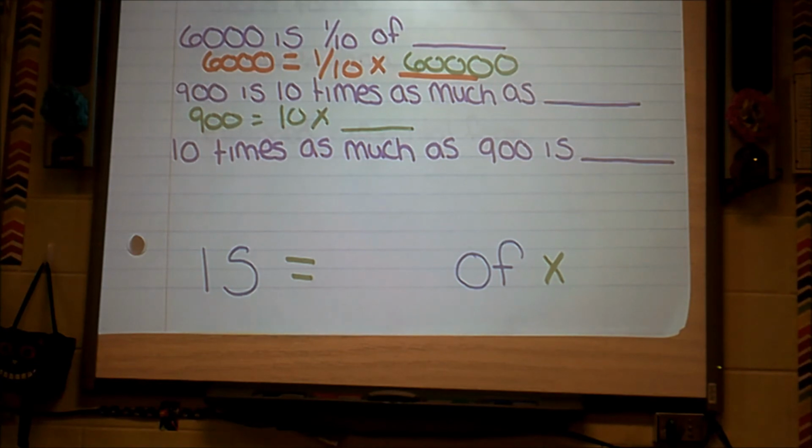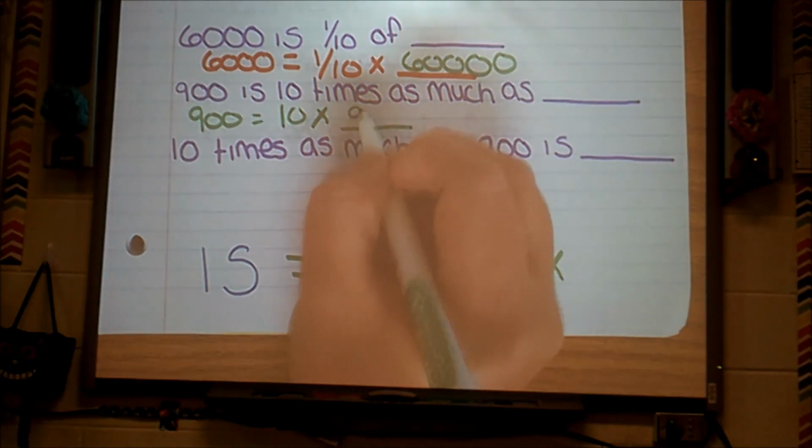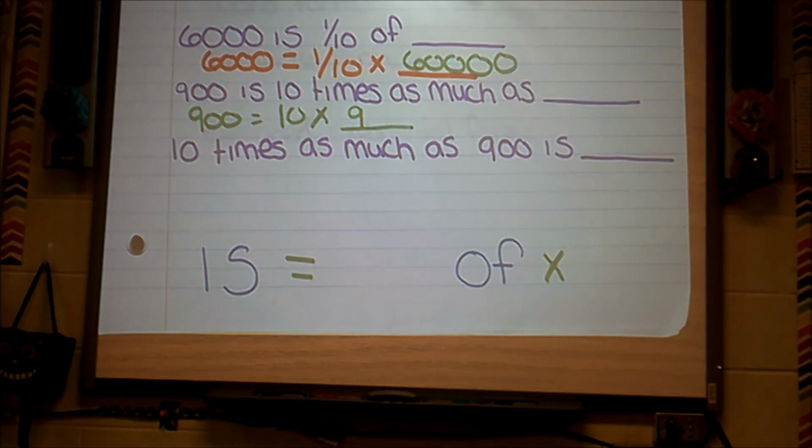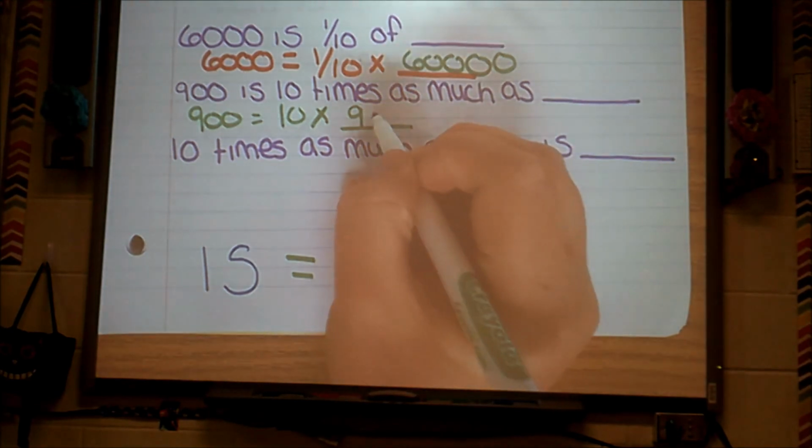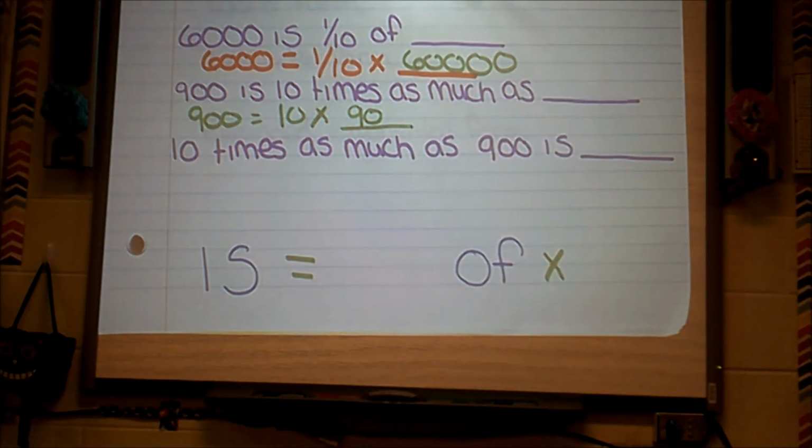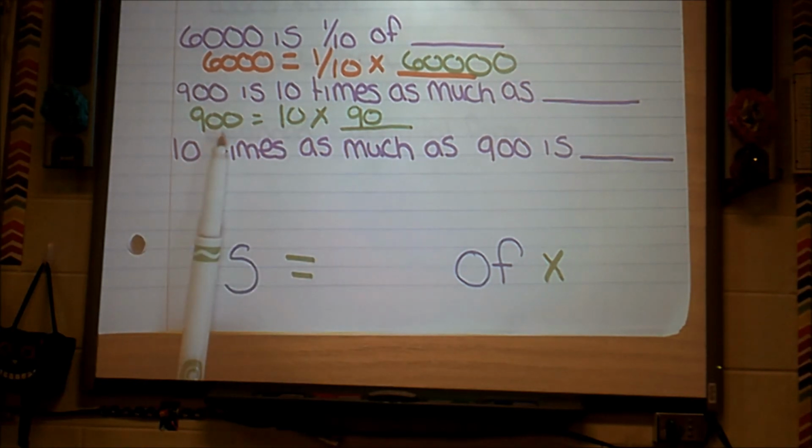Let's see. 10 times 9, no, that equals 90. 10 times 90, ooh, 10 times 90, that equals 900. So 10 times a smaller number gives me a larger number.